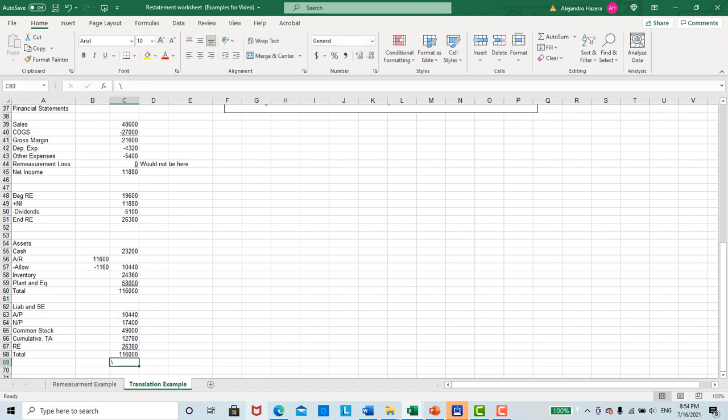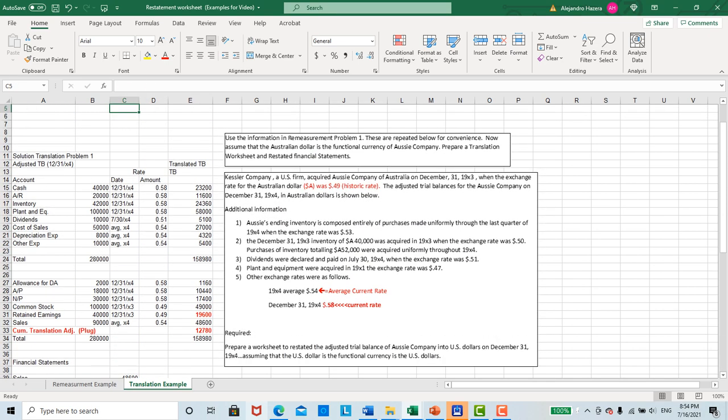Now, a couple things. Number one, let's make sure we understand what we're doing. These were all expressed in Australian dollars. That's what the problem was written in. And so you restated them to US dollars.